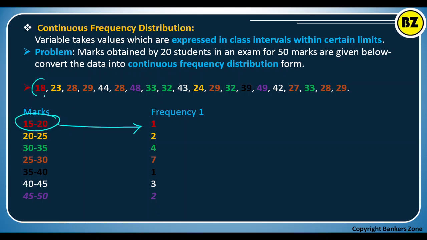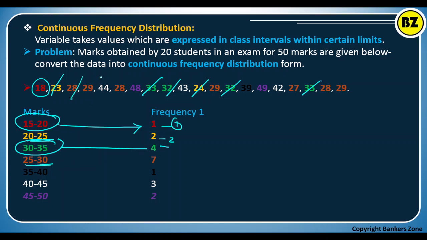Only 1, that is 18, so the frequency is 1. 20 to 25: 23 and 24 fall in this range, so the frequency is 2. 30 to 35: 1, 2, 3, 4, so the frequency is 4. 25 to 30: 1, 2, 3, 4, 5, 6, 7, so 7.